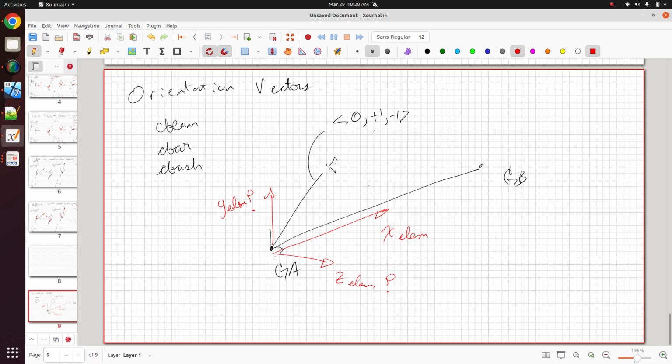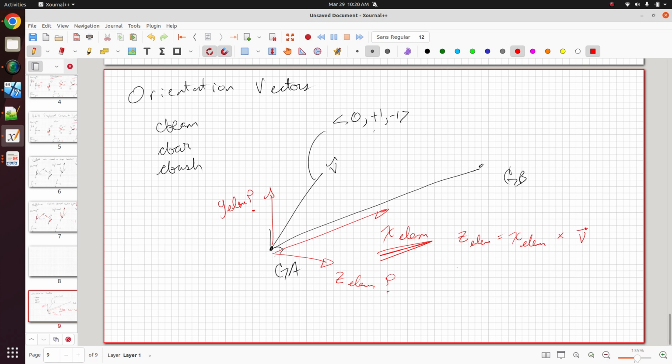So one common question is, okay, so I know my x element axis, I know my orientation vector, how do I get my z element and my y element axes? Here at the bottom right, you would need to use the cross product. So the z element axis is equal to the cross product between x element and the orientation vector.